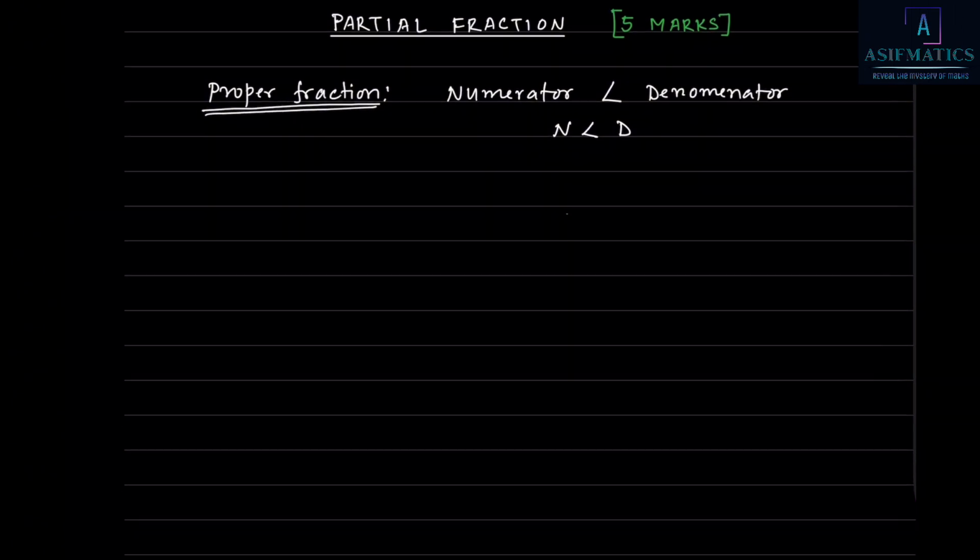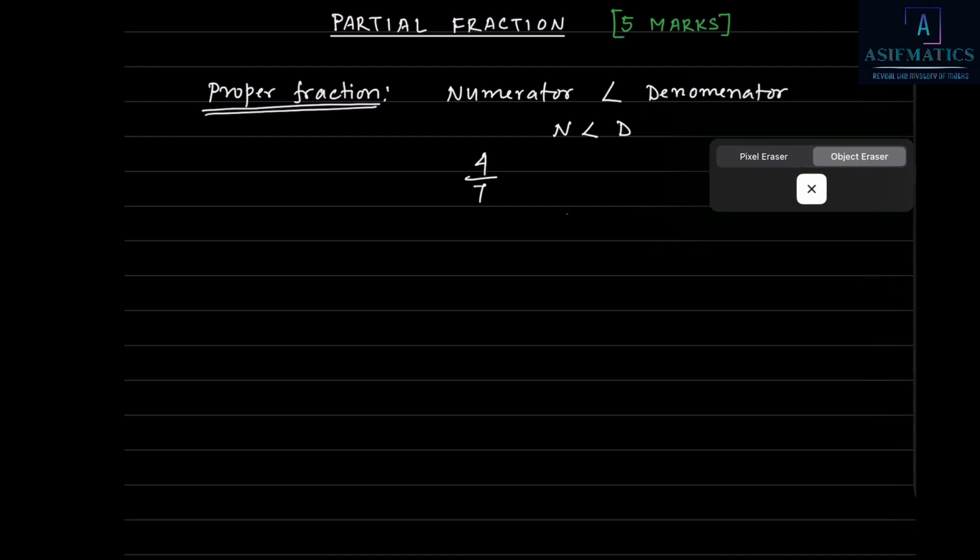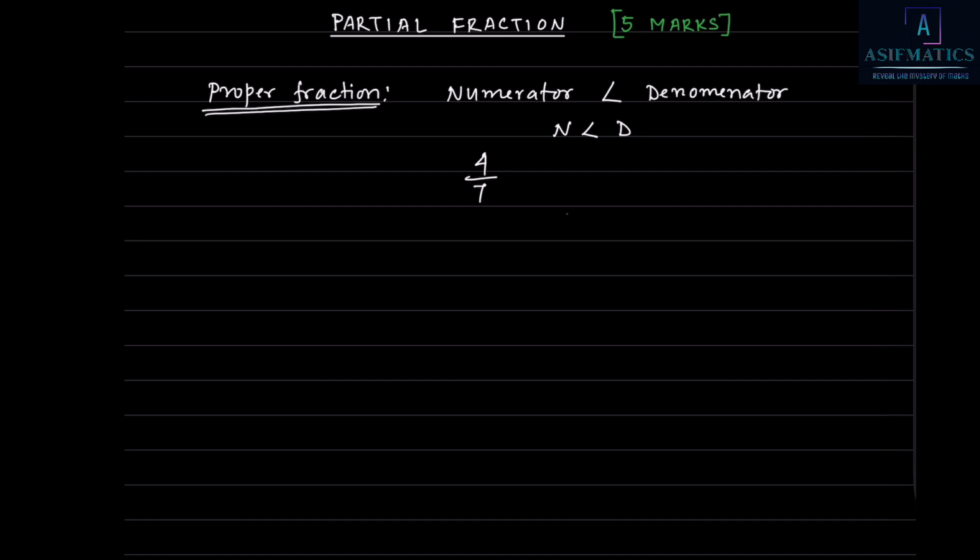Let's see, for an example, we have 4 by 7, a fraction. So your numerator is 4 and denominator is 7. So we can say that numerator is smaller than denominator. So this is our proper fraction example.